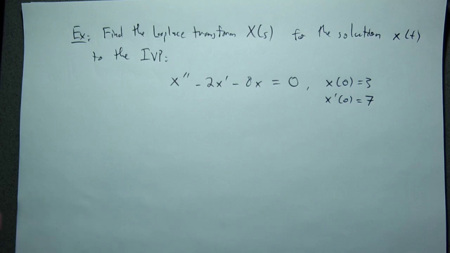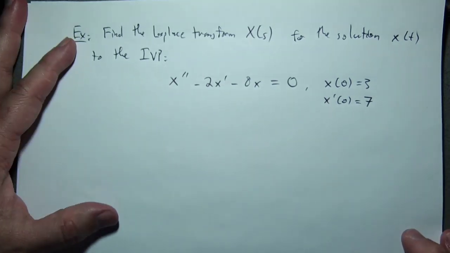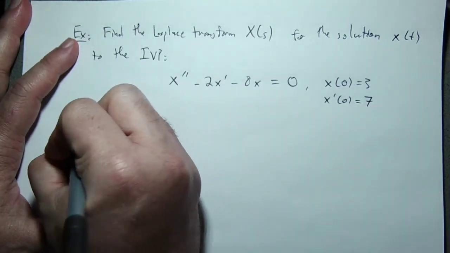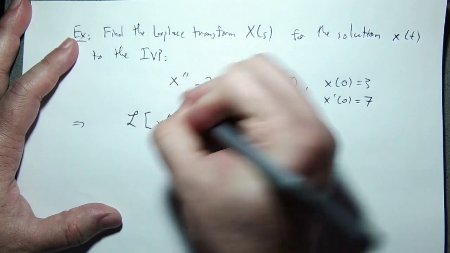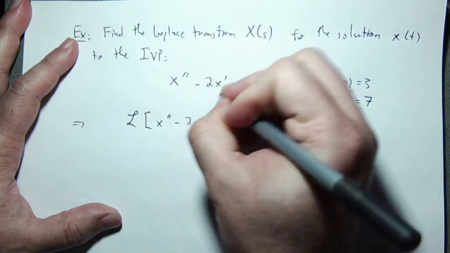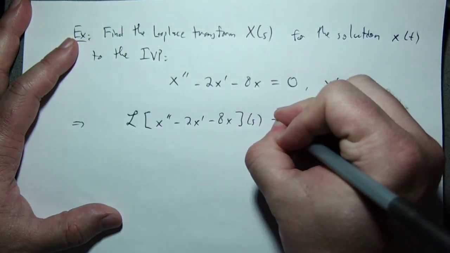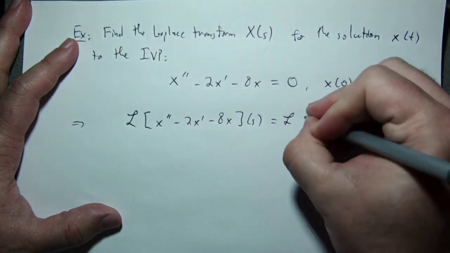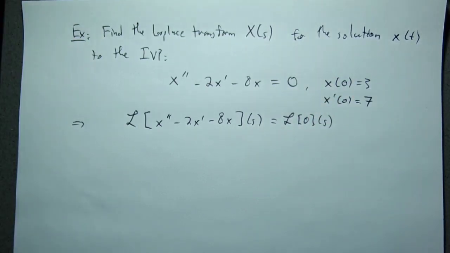Okay, so the first step in the process is to hit both sides of this with the Laplace transform. What does that mean? That means that I take the Laplace transform of the left side, and that is equal to the Laplace transform of the right side.